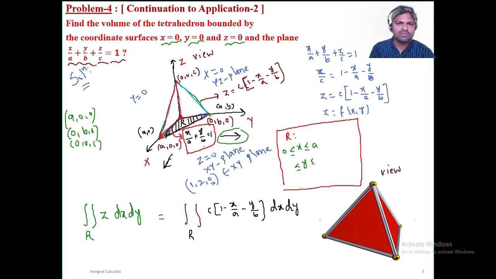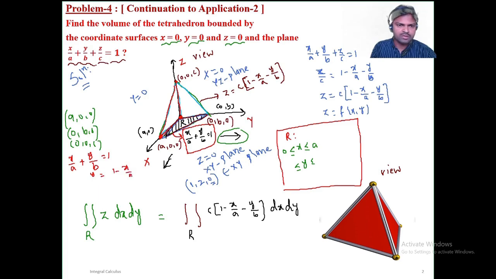Okay, so from this, how to find y? The y limits. So y should vary in this direction, so we are supposed to find the y limits. So x by a plus y by b is equal to 1, so y by b is equal to 1 minus x by a.